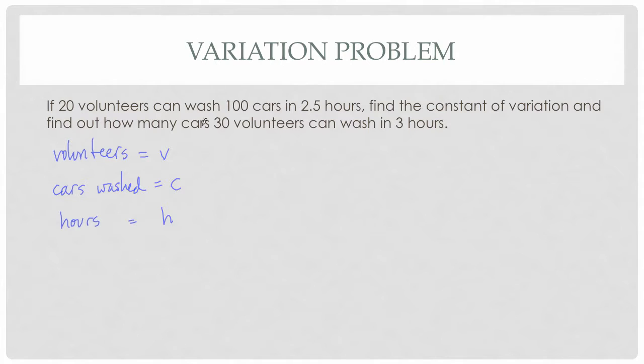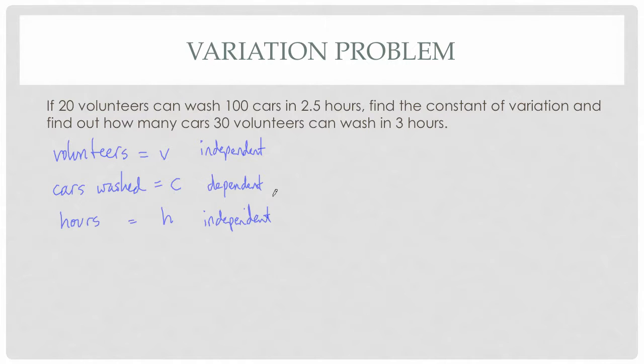Now, with variables, let's look at which variables affect others. So I would say the cars washed is dependent on how much time I'm washing cars and how many people are washing cars. The more people, the more hours, I'm going to wash more cars. So the cars washed is dependent on the number of volunteers, that's an independent variable, and the number of hours, that's independent.